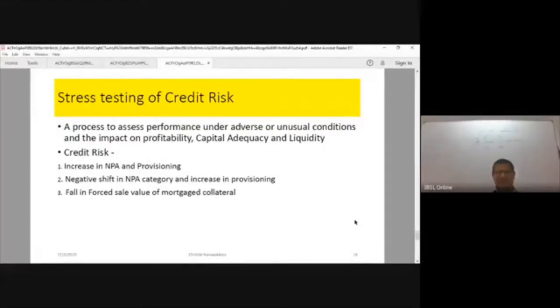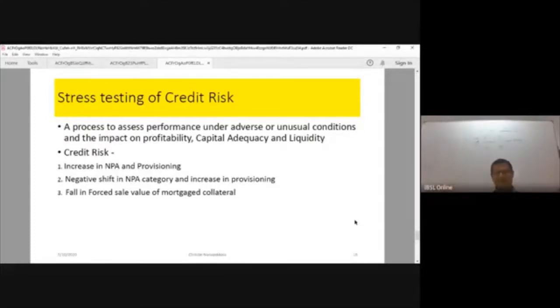Otherwise, what happens is the customer will lose interest, because he may not be able to get anything if the collateral is already mortgaged to the bank, and if the bank tries to realize it, they will get less. If the customer tries to realize it, he also will get less. So he will lose interest and he will stop payment.